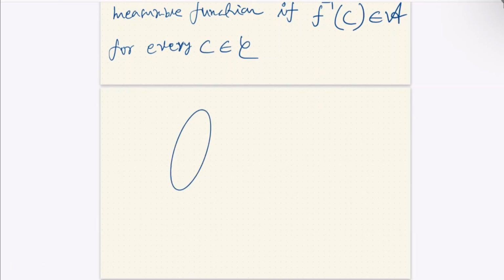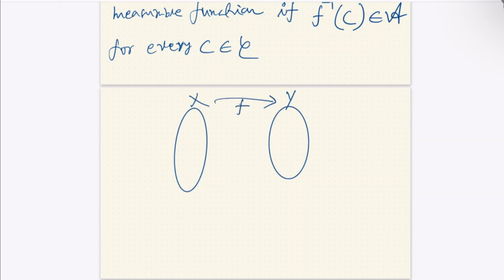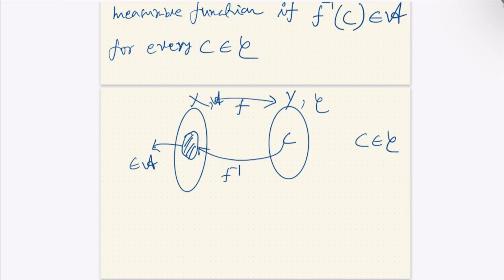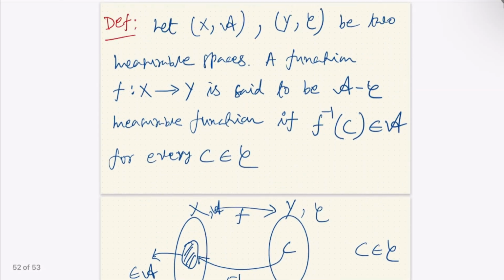We have two sets X and Y and a function, with an associated sigma algebra on each. If you take some C belonging to the sigma algebra on Y, and its inverse image under f belongs to the sigma algebra A, that is, the pre-image of every element in the sigma algebra of the codomain belongs to the sigma algebra of the domain, then we say that f is a measurable function.